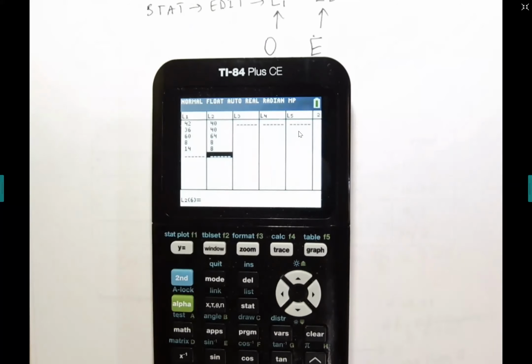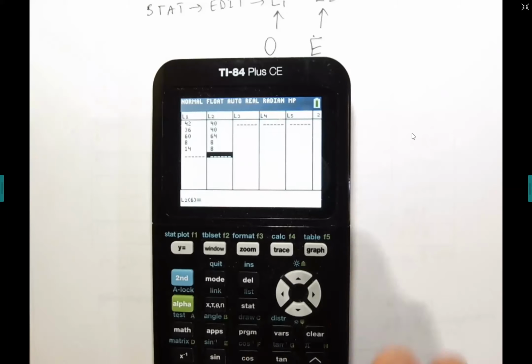So this is L1. L1 again, guys, are the observed values, and L2 are the expected values. And how do you find the expected values? You take the percent from each category and multiply by the total. Percent times total, percent times total until you get them all done. This is how you find the expected values. I already explained that in the handout, so you don't need to take a note here.